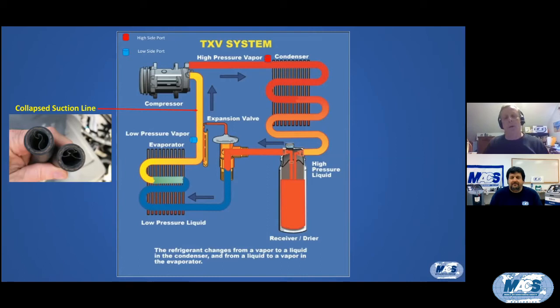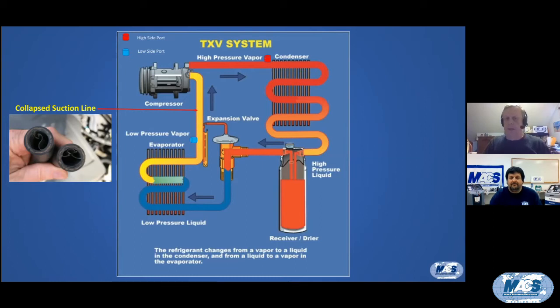But when you were looking through it, you noticed that something didn't quite look right on the inside. Instead of it being a nice circular all the way through, there were some irregularities in the inner liner of it. So I cut it open and you can see what had happened there. The inner liner had collapsed on it. Refrigerant was getting over behind the inner liner when the system was in operation. It was mashing it down and it was causing a restriction.